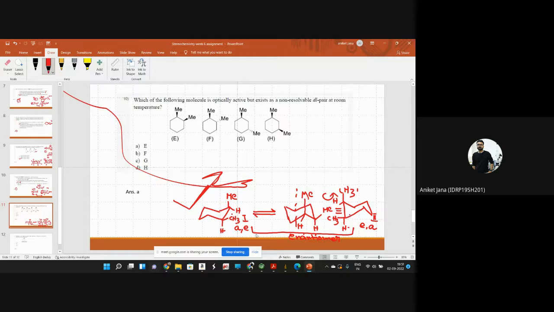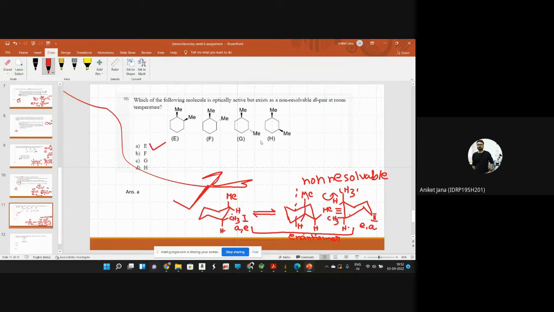So as they are enantiomers of each other, they have some optical rotation, but since they are very easily convertible to each other at room temperature, they are non-resolvable. So that is why option E is the right answer.